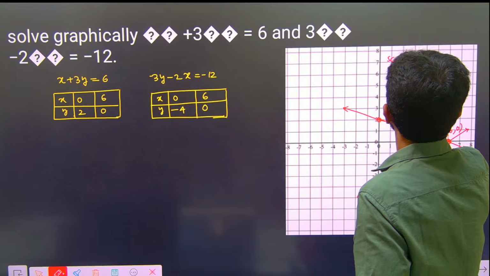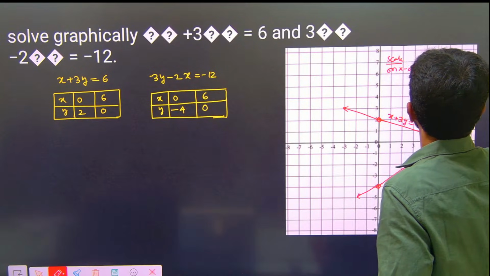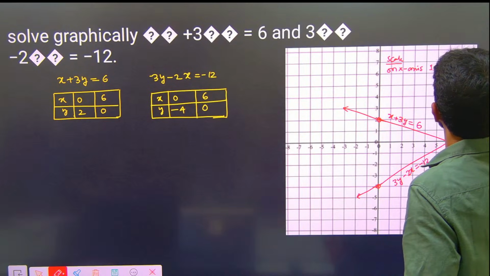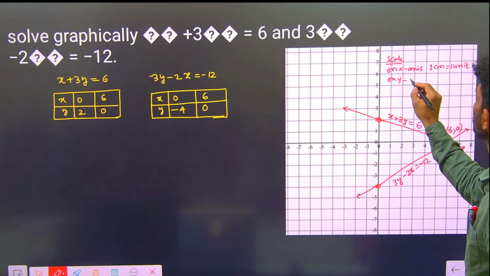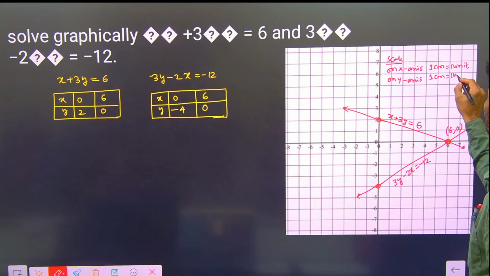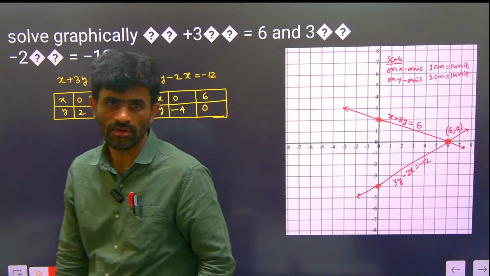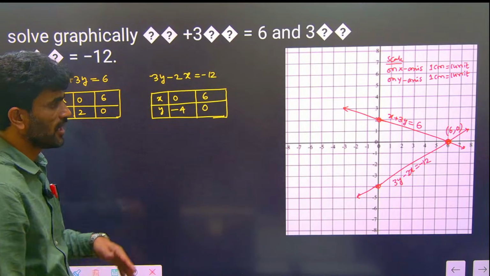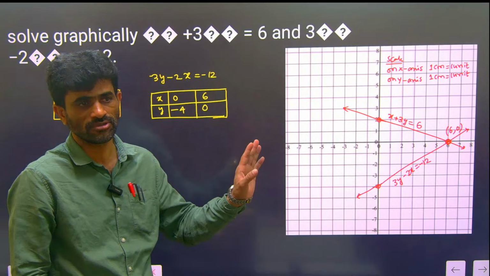Scale. What is the scale? On the x-axis, 1 centimeter is equal to 1 unit. On the y-axis, 1 centimeter is equal to 1 unit. This will be there on the graph. After drawing the graph, sometimes they will ask you only to find out the solution.